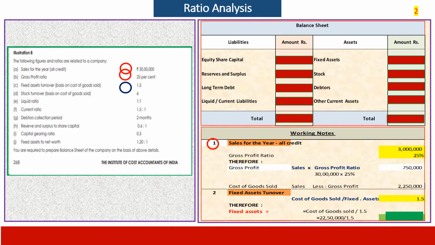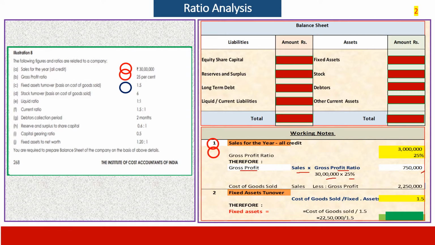Let us start with the first item, that is sales for the year, all on credit, 30 lakh rupees, and gross profit ratio is 25%. Gross profit is nothing but sales multiplied by gross profit ratio or GP percentage. 30 lakhs into 25% is 7,50,000.